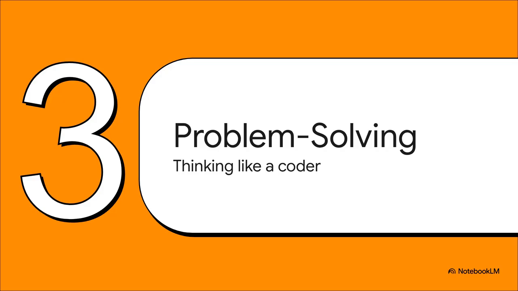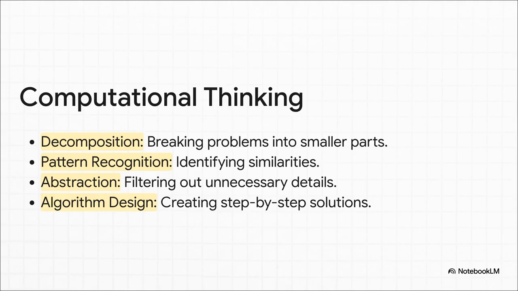So this next tool is probably the most powerful one in your entire kit. And it's not a piece of software, it's a way of thinking. This is the master strategy for solving almost any complex problem, whether you're coding or not. It's built on 4 key pillars that help you think more strategically: decomposition, pattern recognition, abstraction, and algorithm design.